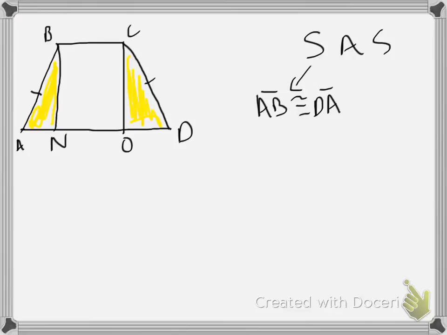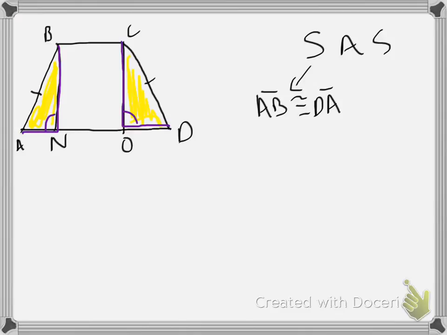So one of the choices was that angle BNA, which is this angle here, B to N to A, was the same as angle COD, C to O to D. That's this angle here. Okay?